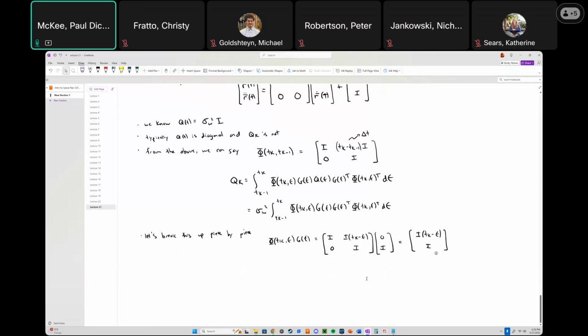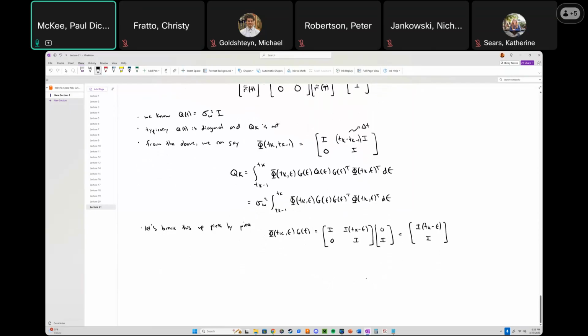Okay. So now from here, we've got phi(epsilon, tk), G of epsilon transpose, phi(tk, epsilon) transpose. Well, that is just the same thing as the identity matrix, tk minus epsilon, identity matrix, and then identity matrix, tk minus epsilon, identity matrix.